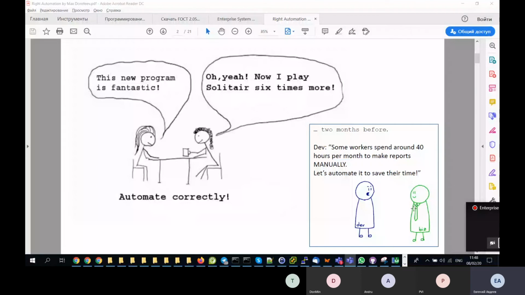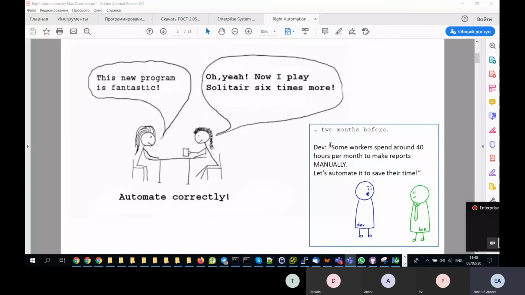And the business manager, probably without detailed understanding of this process, says to him, yes, of course. And what did we get? The company gets that, yes, the manual work is reduced, but the workers just have more time to play solitaire on their computers, so there is no expense reduction for the whole company. So this activity was useless.